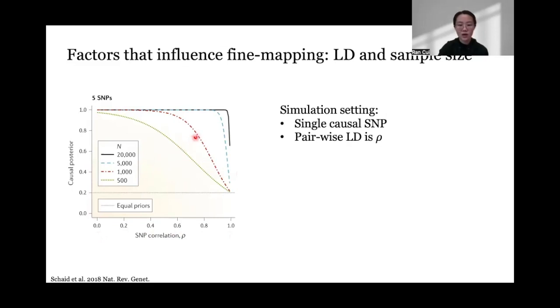So as you go up in sample size, the PIP drop gets slower and it's more delayed. For this 20,000 sample size, it's not until the LD goes above 0.98, 0.99, that the causal SNP's PIP starts to drop from 1. And the message is this: more sample size and less LD means easier fine mapping.